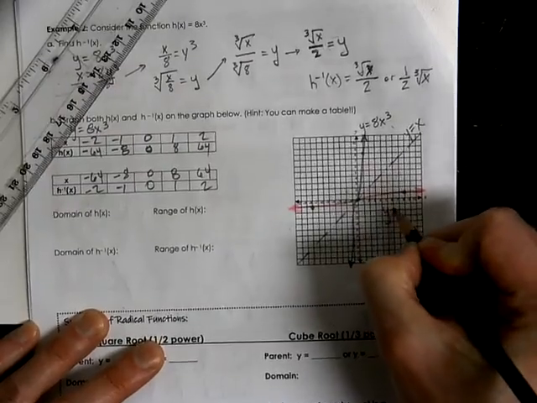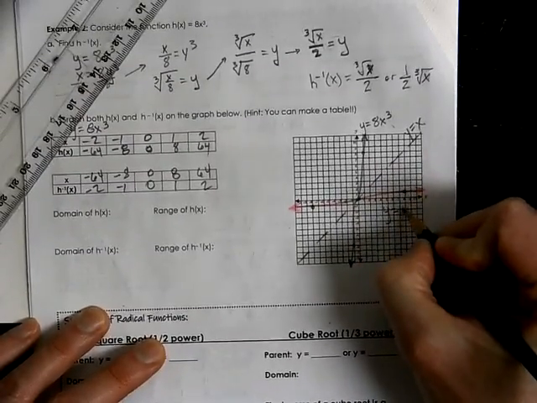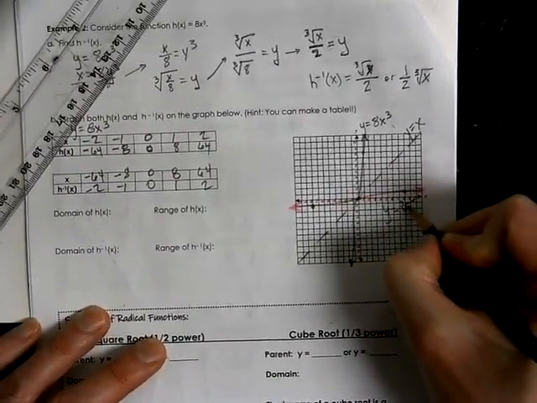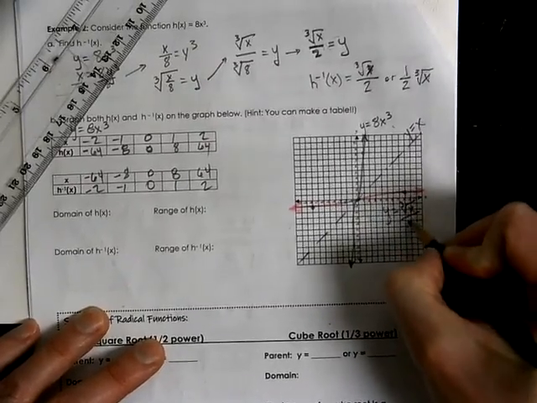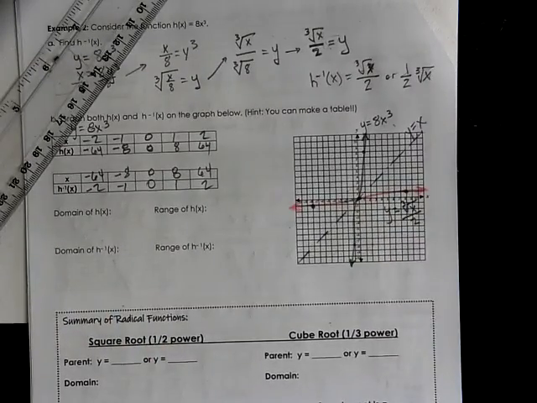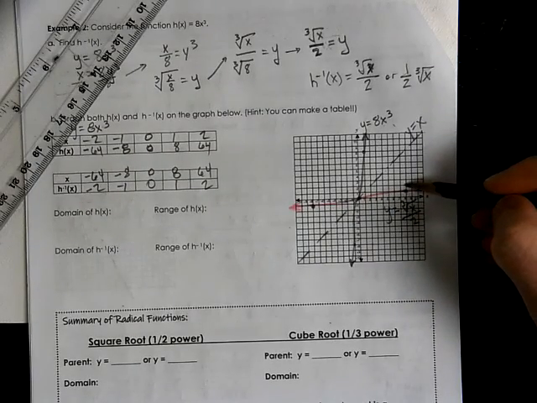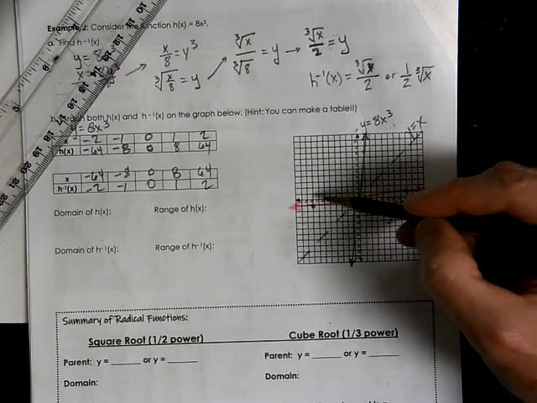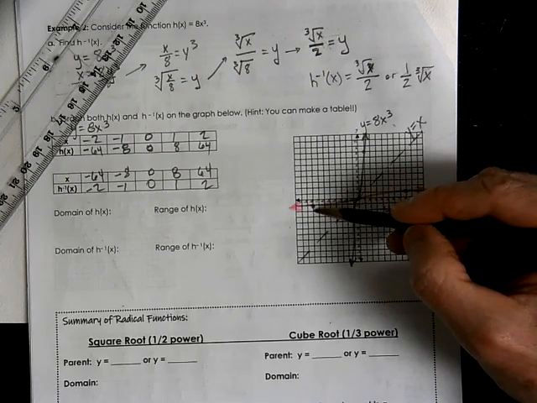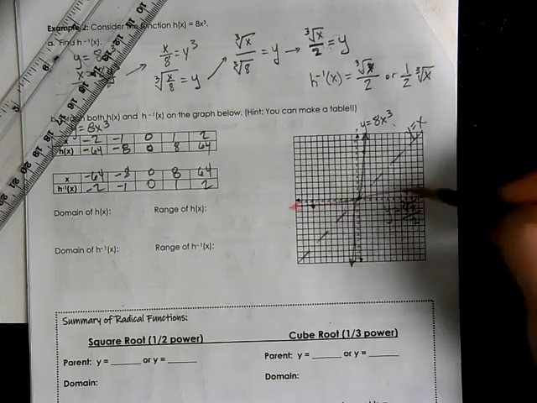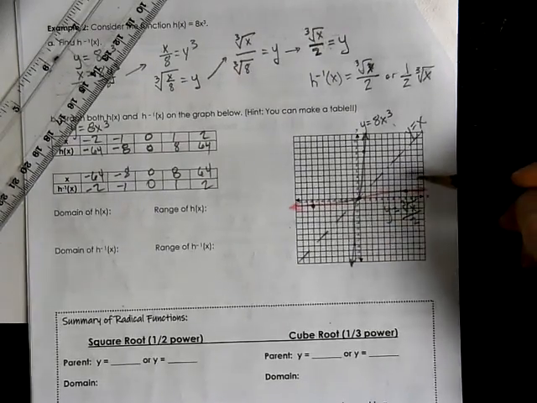So this is y equals the cube root of x divided by 2. What usually would have been the cube root of 8 is 2. We're now doing half of that, which takes us to 1. Cube root of negative 8 would be negative 2, but we're doing half of that because that's our equation we're working with.